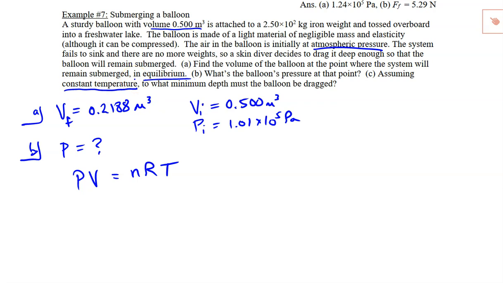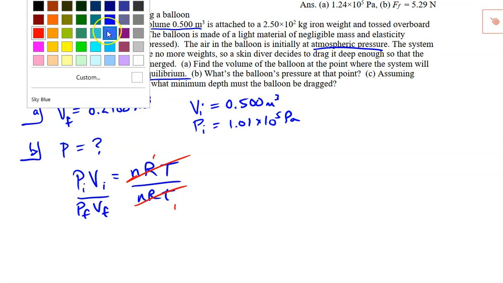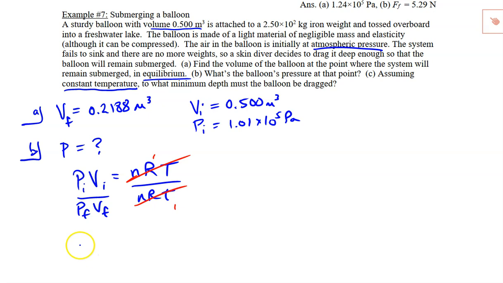So what you're going to use is P initial V initial over nRT equals P final V final over nRT. You can see it's really Boyle's law. The number of moles, the temperature, and the gas constant all cancel out because they're constant. So our final pressure would be equal to the initial pressure times the initial volume divided by the final volume.